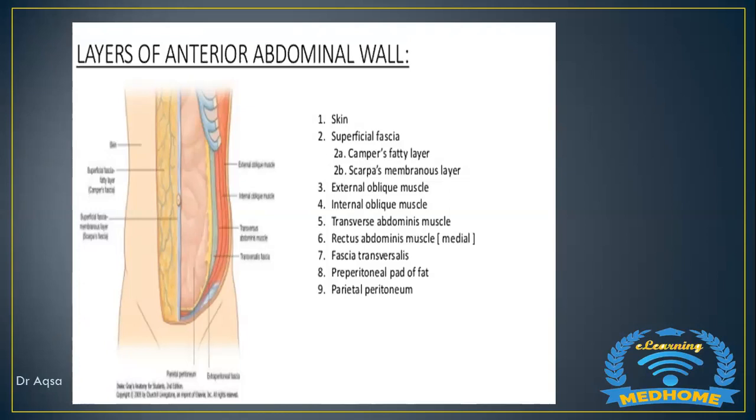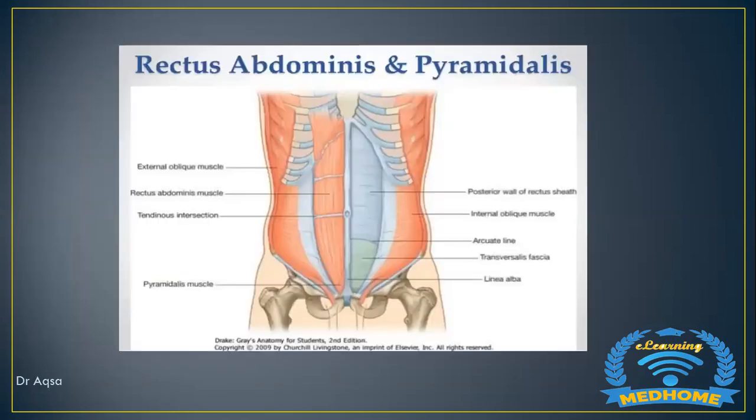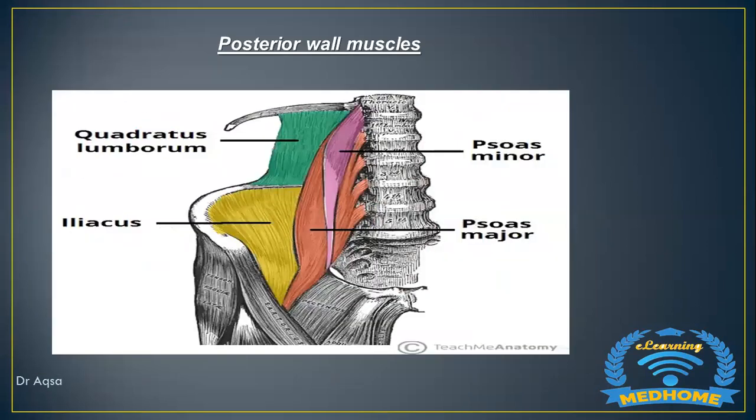And in the posterior wall, we have quadratus lumborum, psoas major, psoas minor, and iliacus. Yes, excellent. Anything else you can remember? Ma'am, the origin and insertion of muscles we have studied.